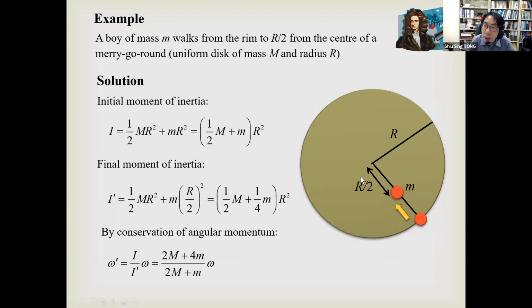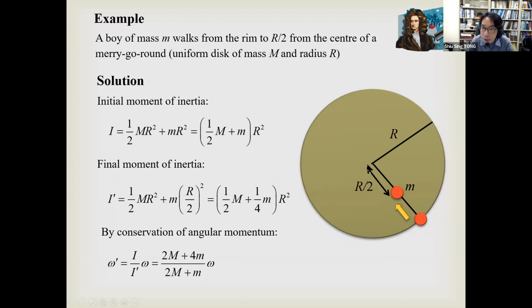Now, for simplicity, I consider the merry-go-round as a uniform disk, so its moment of inertia is half MR squared. Capital M is the mass of the merry-go-round, and R is of course the radius. For the boy, I treat him as a point mass. I neglect the size of his body.